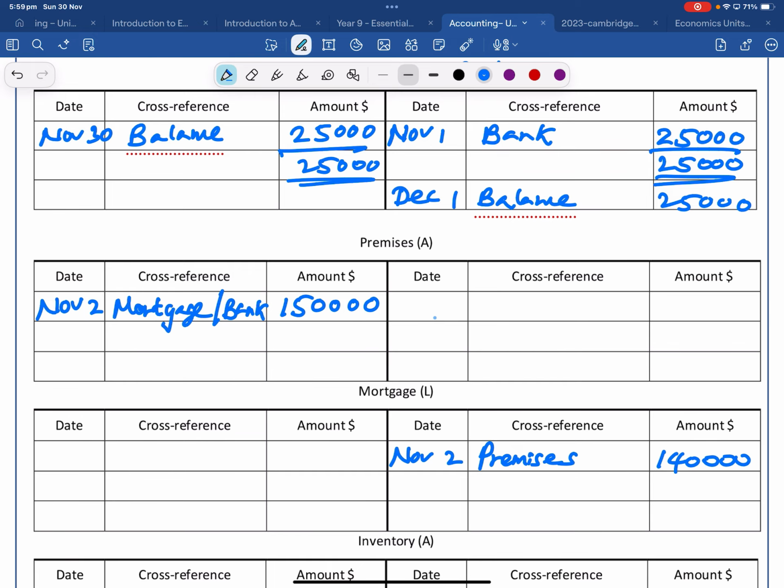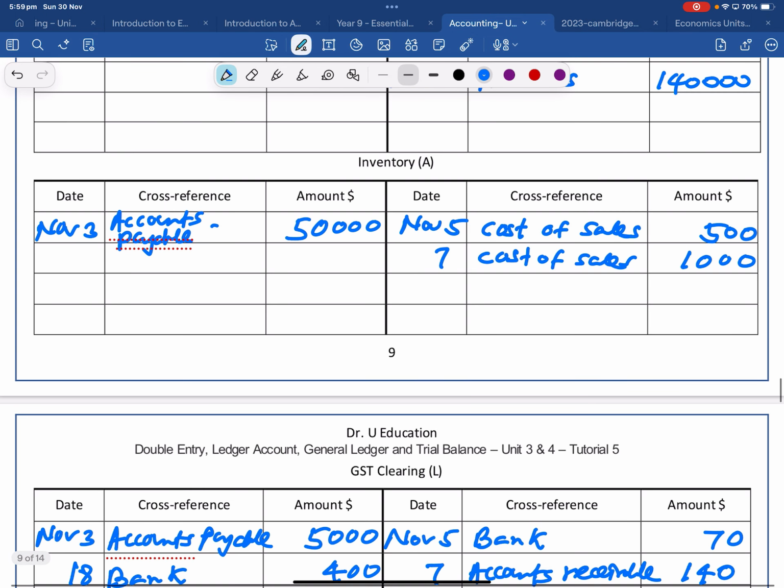These ledger accounts that have only one entry, don't worry about balancing, right? At this point, the rest will balance.